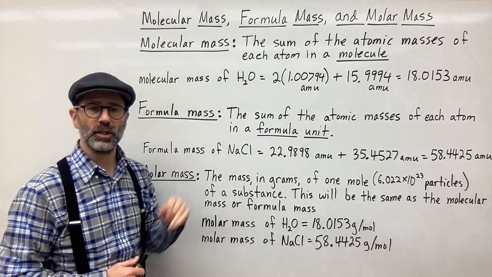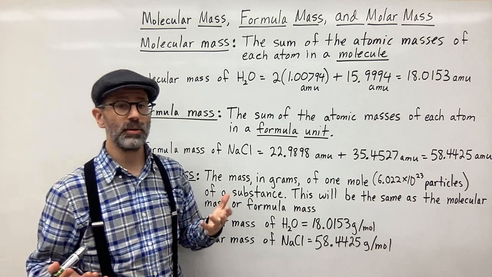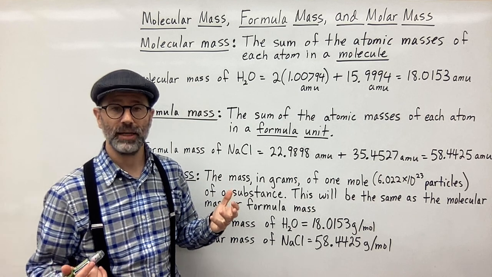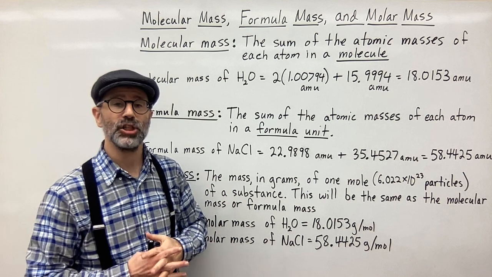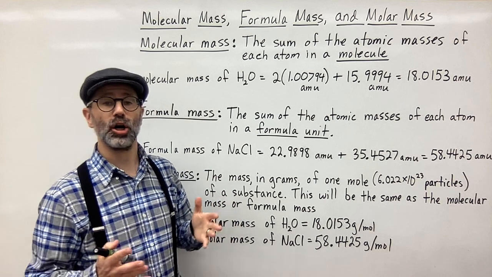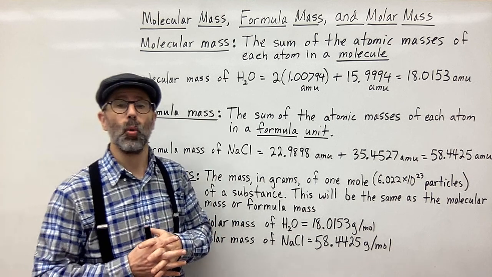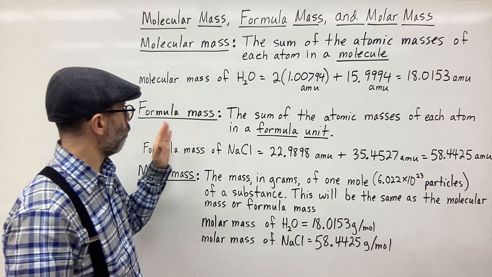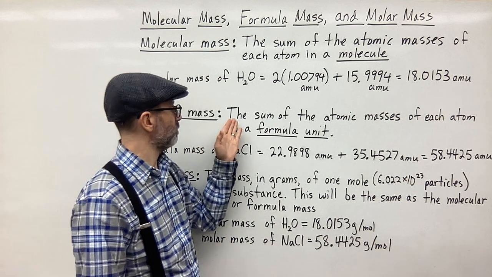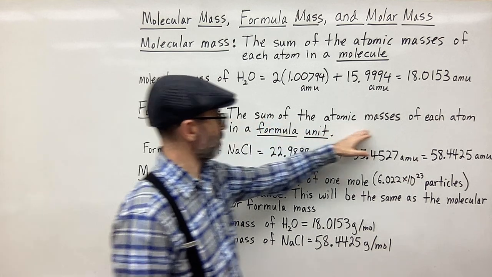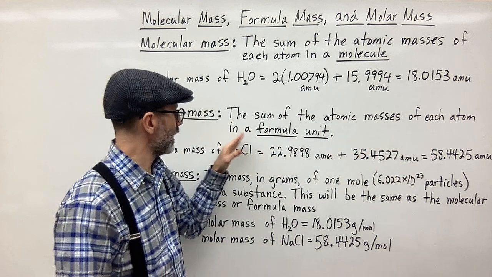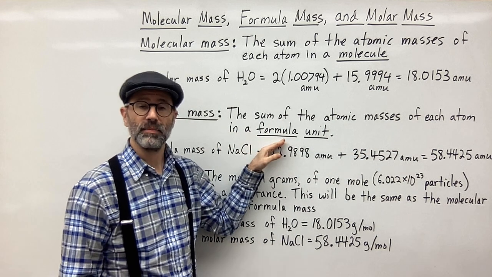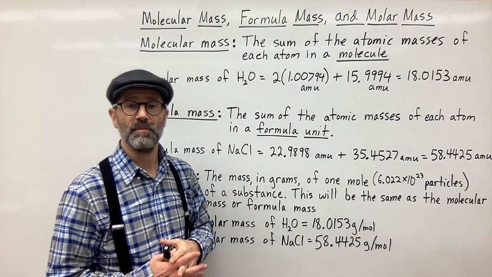What about formula mass? Formula mass is very similar to molecular mass. However, it is a much more general term, and so it applies to a wider range of substances. Formula mass is the sum of the atomic masses of each atom in a formula unit. Now, what is a formula unit?